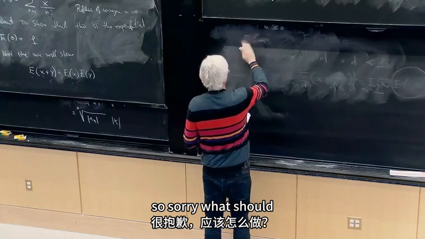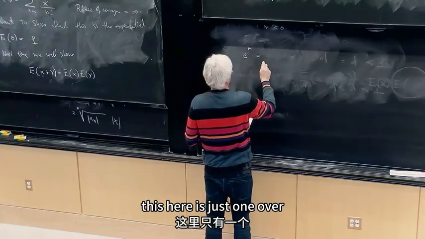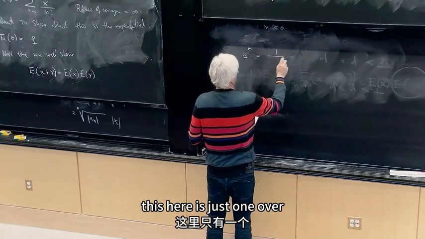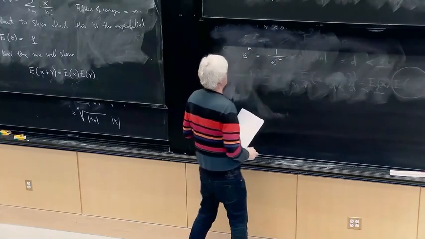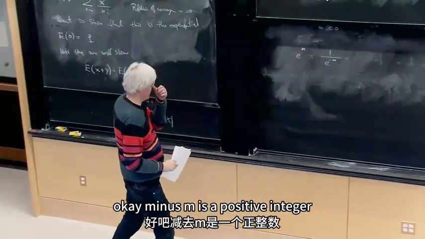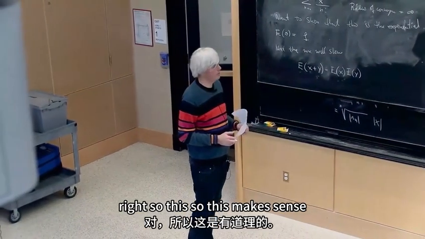So, sorry, what should e to the m here be? This here is just 1 over e to the minus m. Okay, minus m is a positive integer, right? So this makes sense.